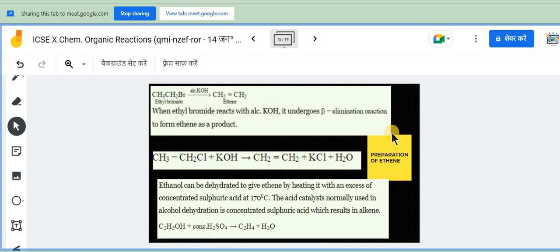So at 443 Kelvin, you get C2H4 and water. Similarly, here also water is getting removed. That's why the reaction name is dehydration, dehydration by concentrated sulfuric acid. There are two methods: one is elimination, second is dehydration. Is it clear to everyone? Please write in the chat box so we can move to the next part.